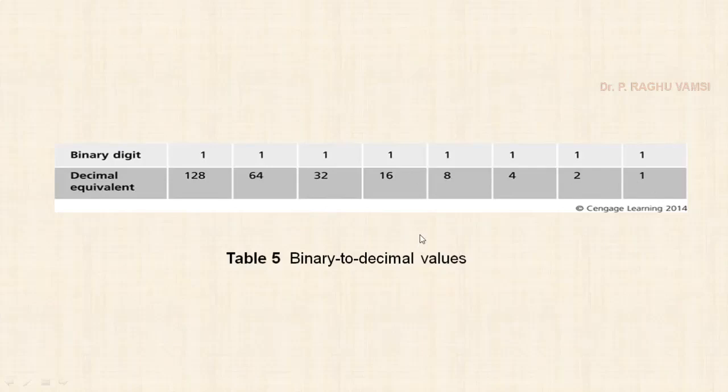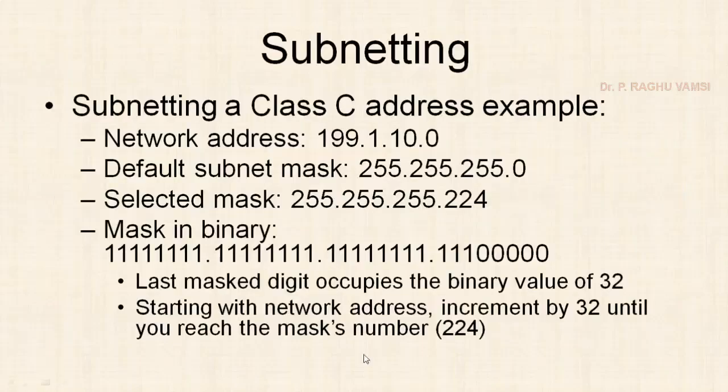So how will we find how many IP addresses you can allot per subnet that you create using 255.255.255.224? The answer is very simple. First of all, you are supposed to look at how many zeros are there here. 5 zeros are there. 2 power 5 is equal to 32.